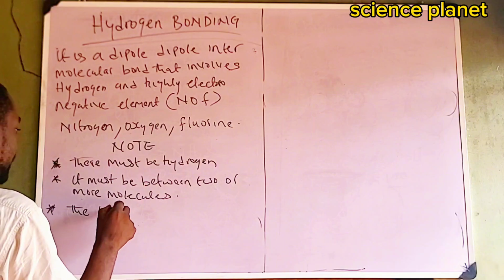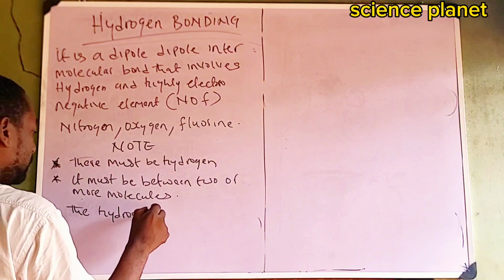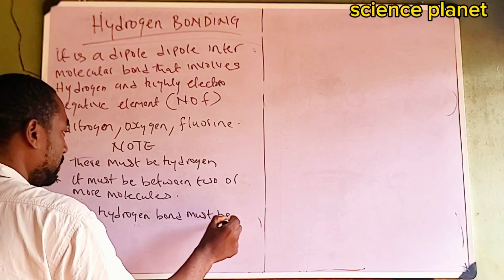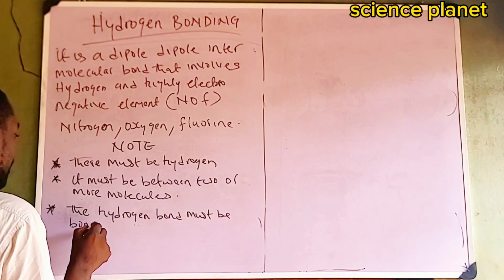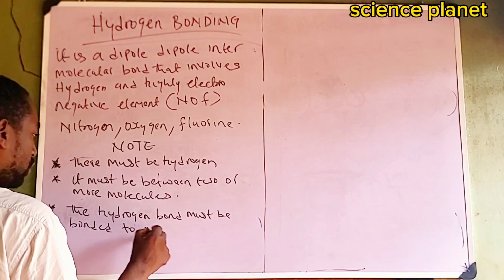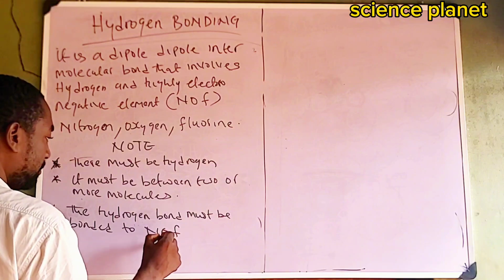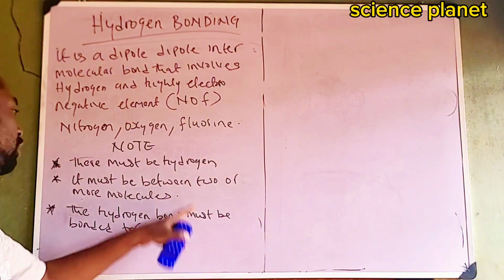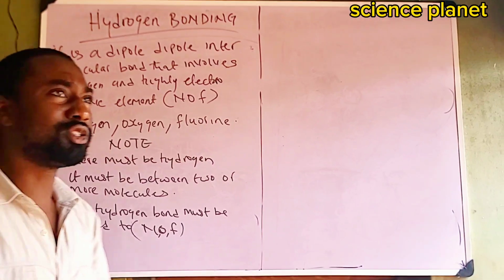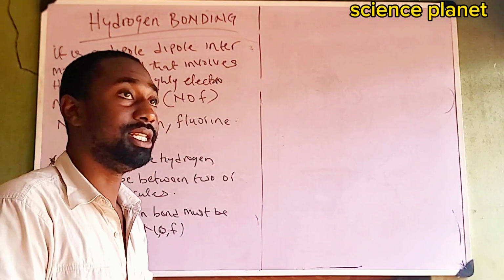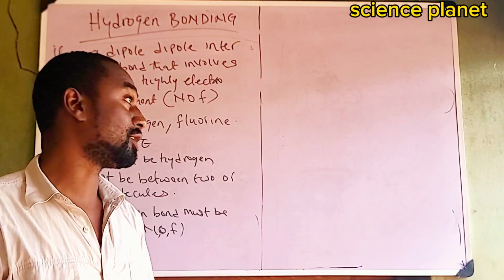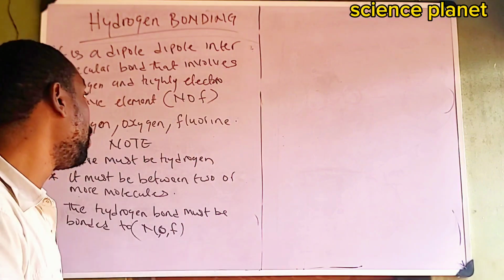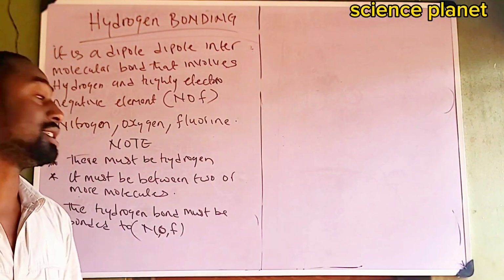The hydrogen bond must be bonded to NOF. Yes, the hydrogen bond must be either bonded to nitrogen or oxygen or fluorine. So in other words, it is not anywhere you see hydrogen in a compound or in a molecule, you now start saying, oh, because this molecule has hydrogen, it's hydrogen bond.